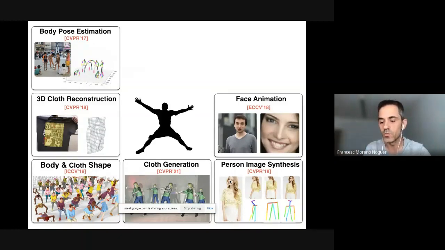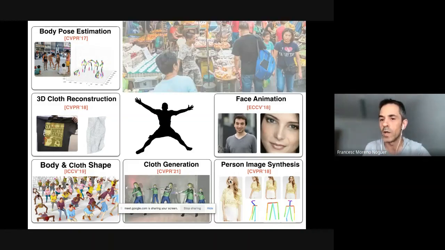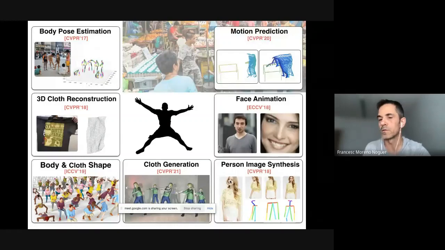In all these works, we didn't take into account the context of the person, but of course, concepts like motion are very related to the context. So if you want to move in an environment, you need to know what's happening around you. That's what I'm going to try to explain in the last couple of works: the influence of the context in these methods. One of the methods is motion prediction, so how the context influences the motion prediction.